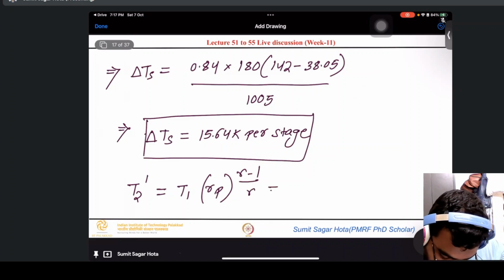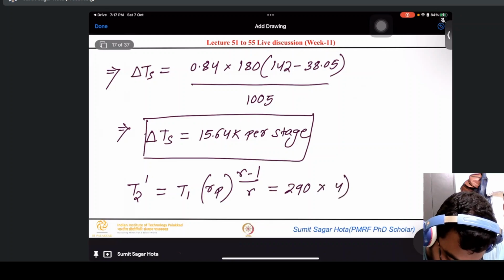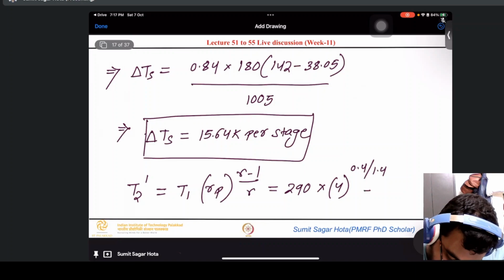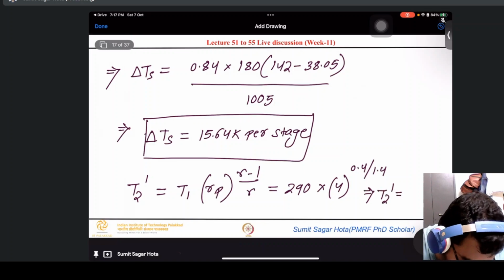T1 is your 290. What is Rp? 4. What is gamma? 1.4, minus 1 is 0.4, divided by 1.4. What is the answer? 430.94.